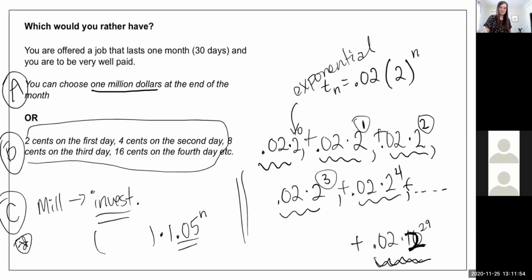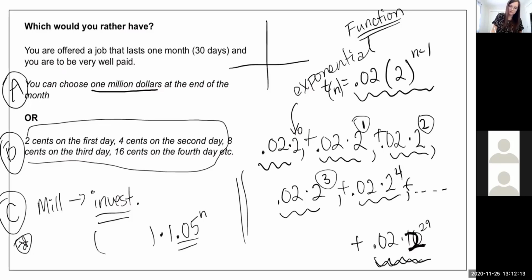So it's always n minus 1 for your day. On any given day, you're getting that much money. So that's the function that's happening here. And if we graph that, it creates a graph that grows exponentially, right? Every number is then multiplied by the rate of change.